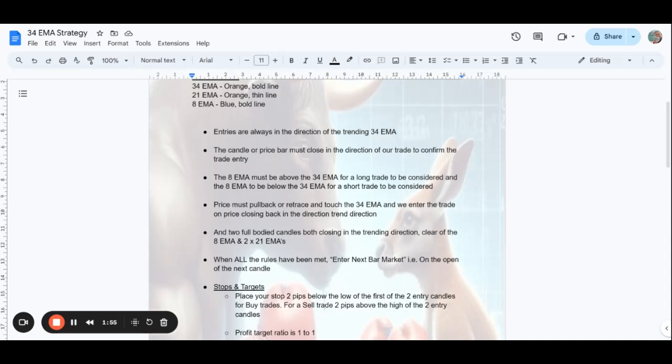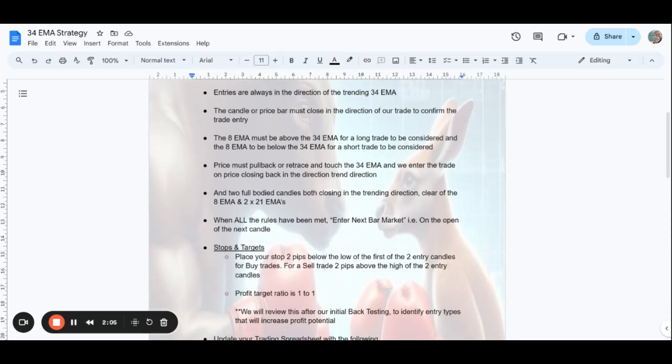The candle or price bar, because you'll hear candles also referred to as price bar, must close in the direction of our trade to confirm the trade entry. The 8 EMA must be above the 34 EMA for a long trade to be considered, and the 8 EMA must be below the 34 EMA for a short trade to be considered.